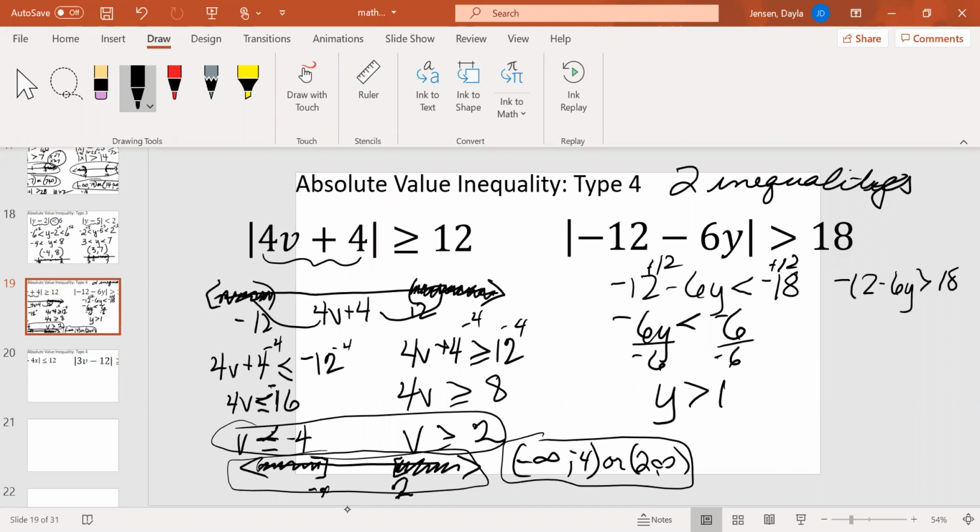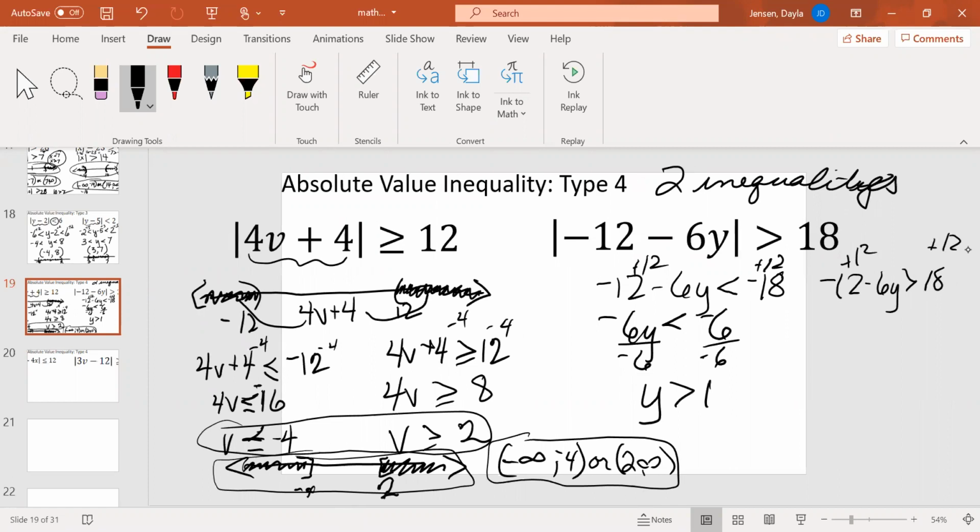That's what I got there. And then over here, if I add 12 to both sides, I get minus 6y is greater than 30. Divide both sides by negative 6, and we'll reverse the sign. So y has to be less than negative 5. So there's my set builder notation.